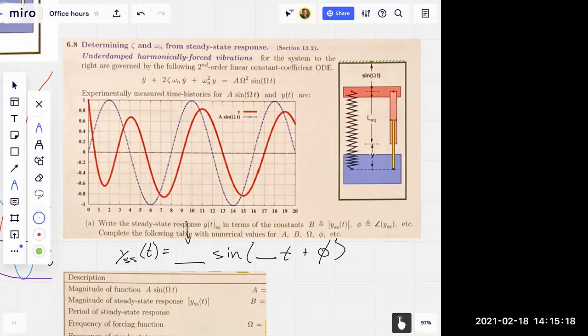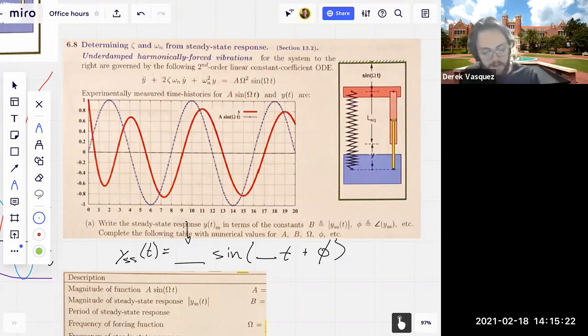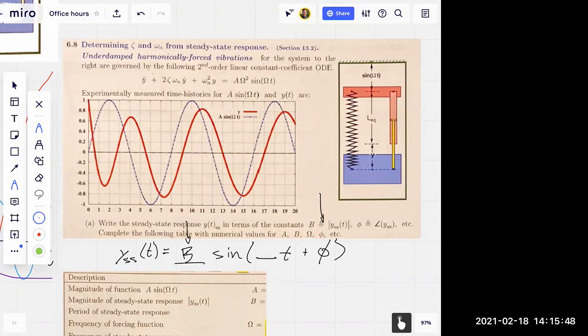Is it 1? It's actually going to be equal to b, because of this definition of b. It's telling us that b is the amplitude, and the coefficient in front of a sine is always going to be the amplitude. Does that make sense? Yes. So we're not expected to put in numbers then?